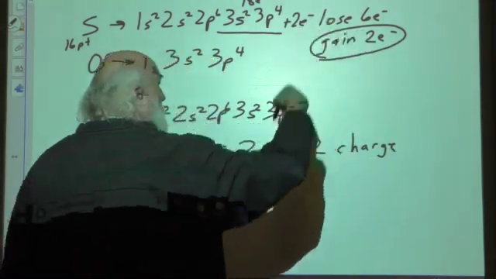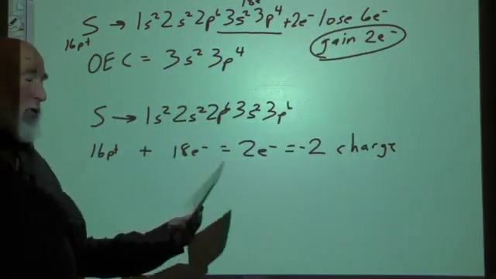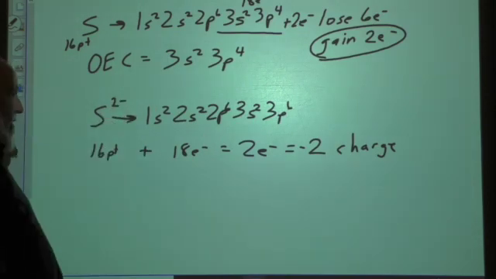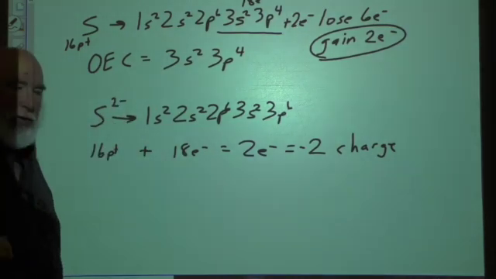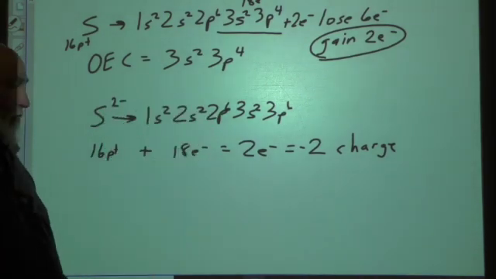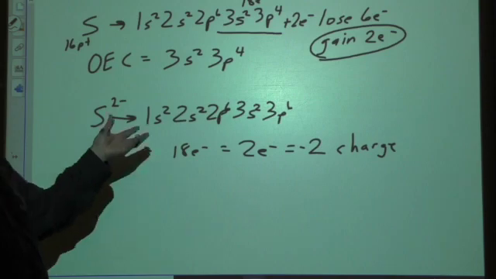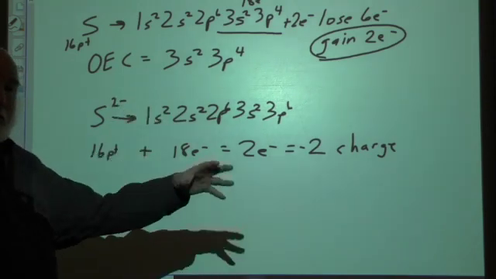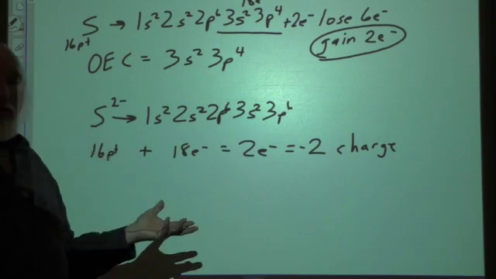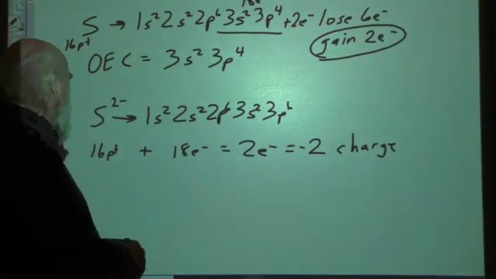So when you gain electrons, you become negative. When you lose electrons, you become positive. And we write that as S2 negative. Now you notice we didn't put -2. We put 2 negative because we're saying there are 2 extra negative charges. Okay? So if you write -2, I'm going to correct that on your homework. Make sure you understand that this designation has the quantity of excess charges.